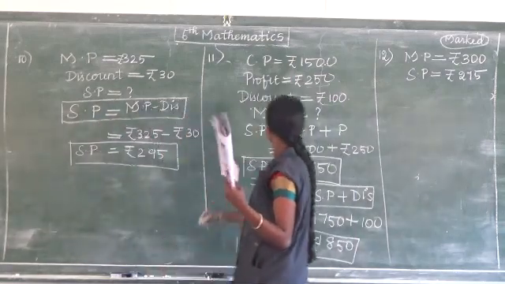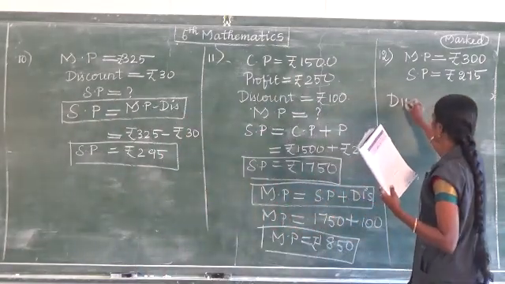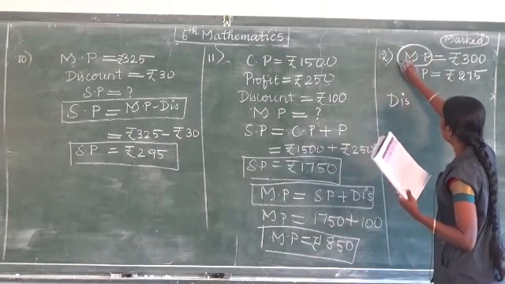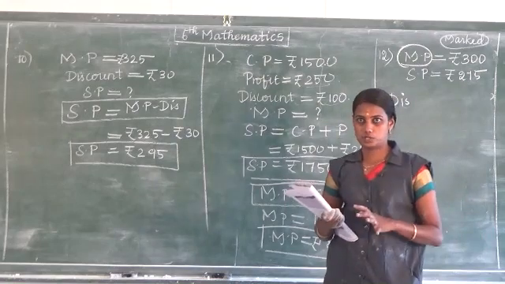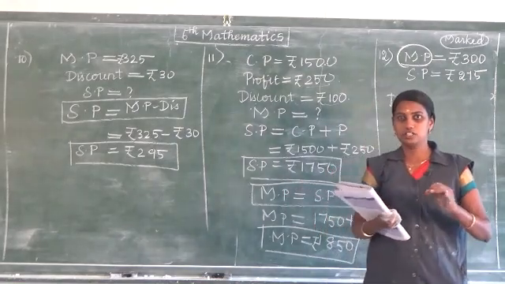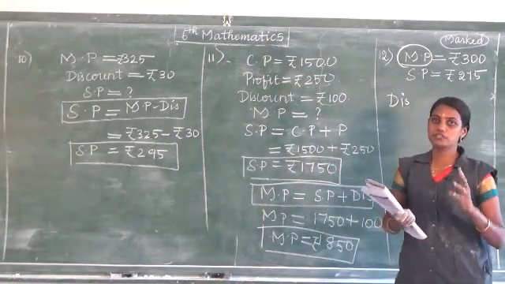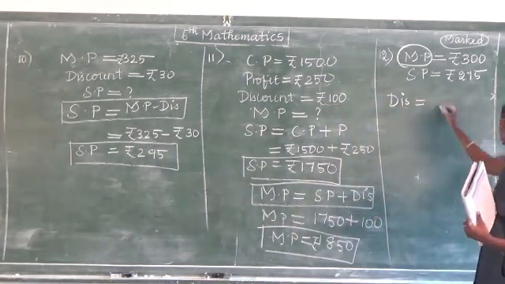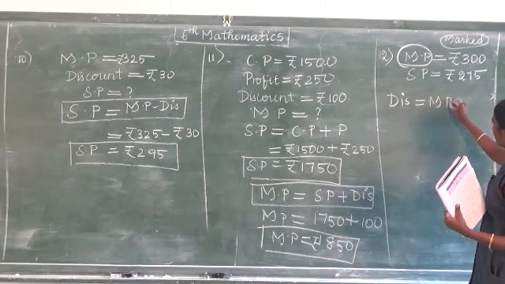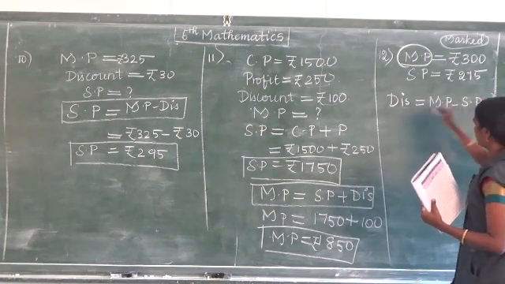Discount offered. I said when you have the marked price, there will be the word discount. There won't be profit or loss. So here we are going to find out the discount. Discount formula is marked price minus selling price.